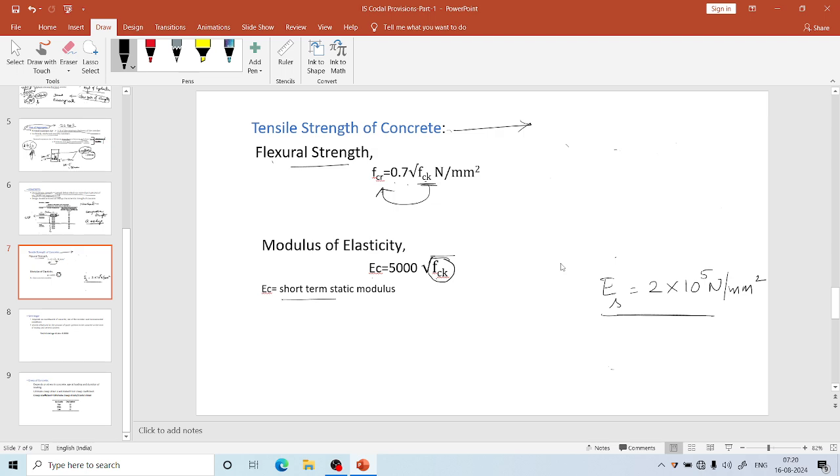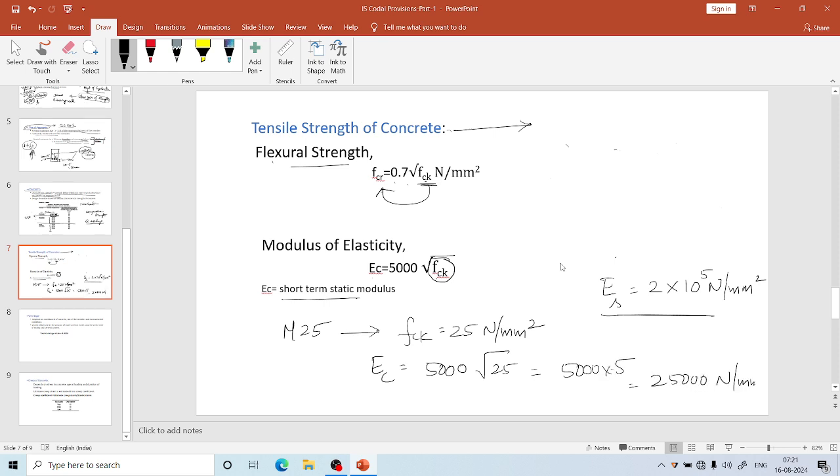It is the short term static modulus, without considering the effect of creep. This can also be asked for 1 mark in a competitive exam. If it is M25 grade concrete, fck is 25 Newton per mm square, and the modulus of elasticity Ec is 5000 root 25, that is 5000 into 5, equal to 25,000 Newton per mm square.